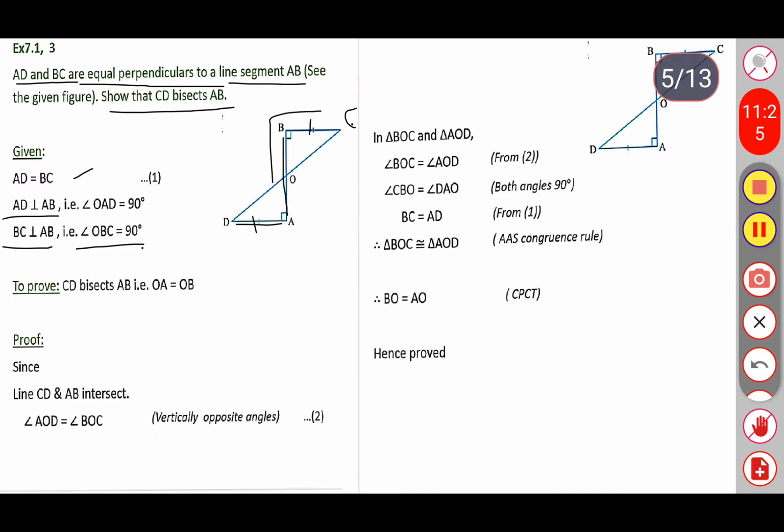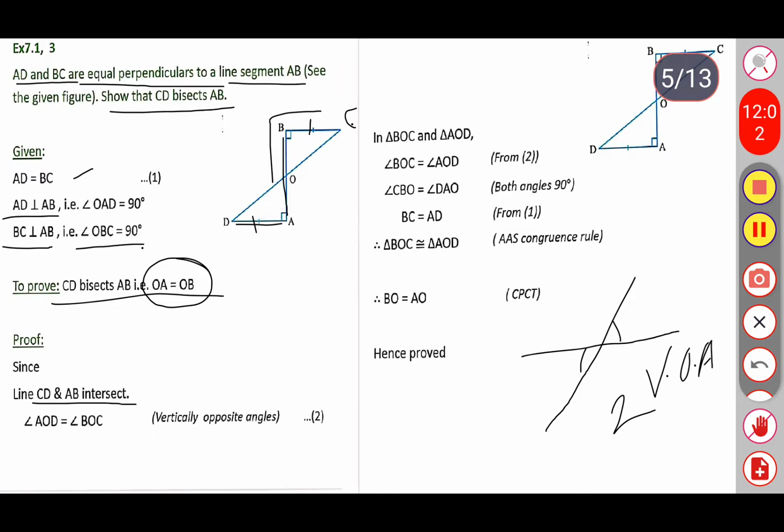What you have to prove? You need to prove that CD bisects AB. That means OA is equal to OB. So let's prove the given theorem. Line CD and AB intersect. Once the two lines intersect, you can easily get the vertically opposite angles. When the two lines intersect each other, it forms two pairs of vertically opposite angles.